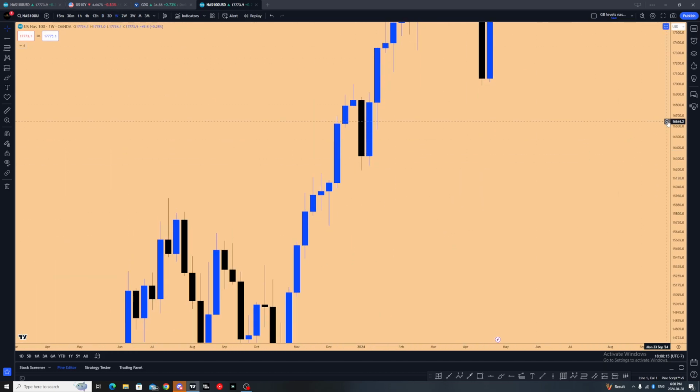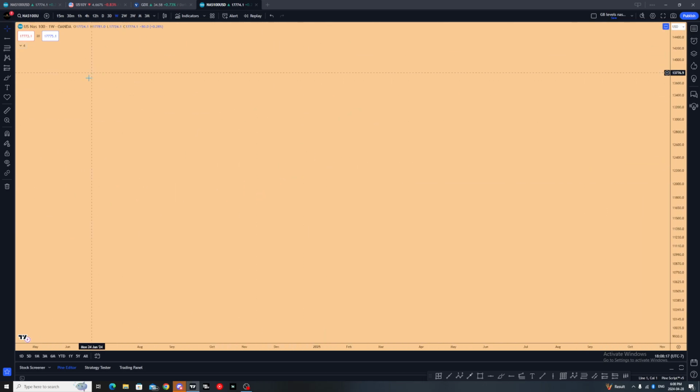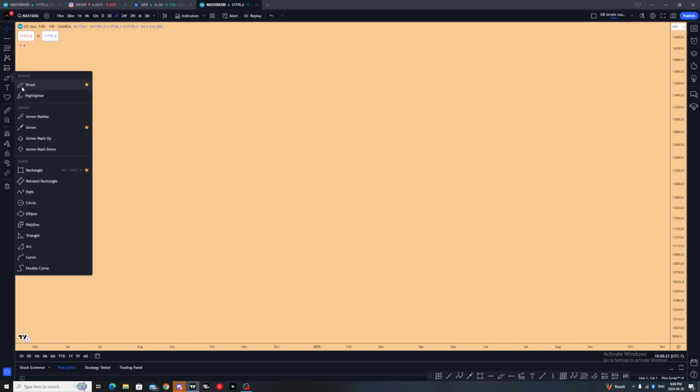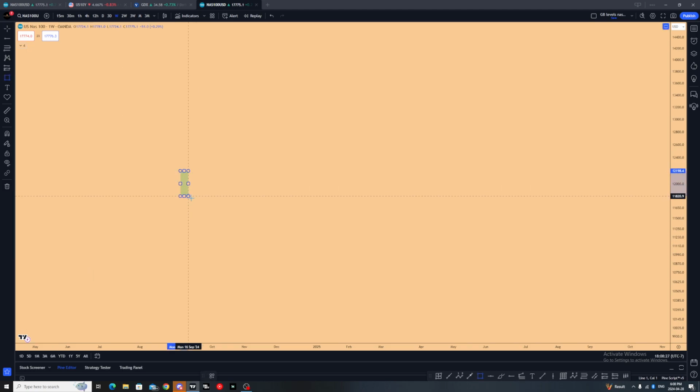So in theory, what an order block is, let me take an example. All right, let's go rectangle. You can think about this as a red candle. This is a down candle.